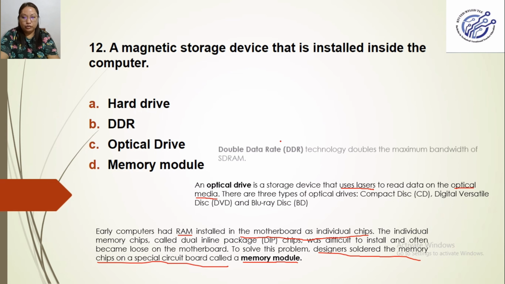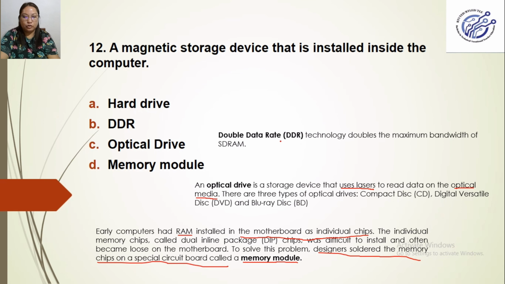Then itong DDR. DDR po is also known as double data rate. Ito po yung technology na nagdo-double ng ating bandwidth of SRAM.